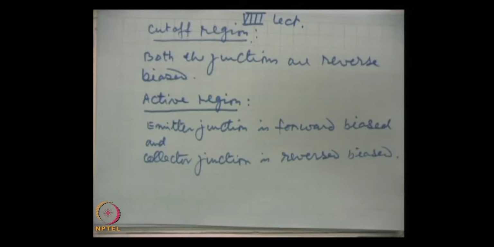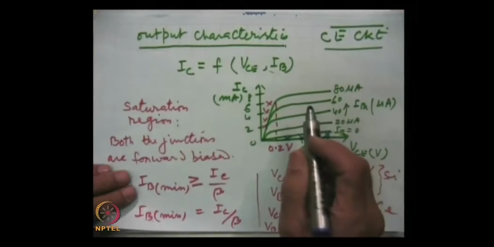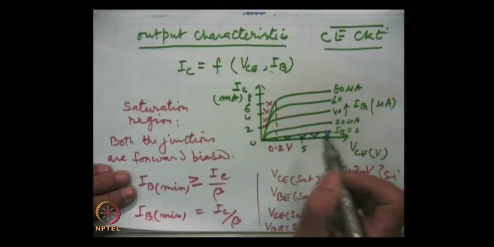And this is the polarity which we use when we want to use the transistor as an amplifying device. So, actually the active region is very important for an amplifier circuit.